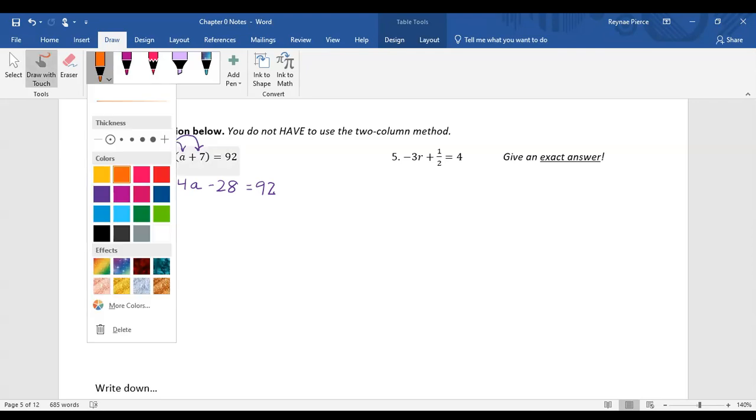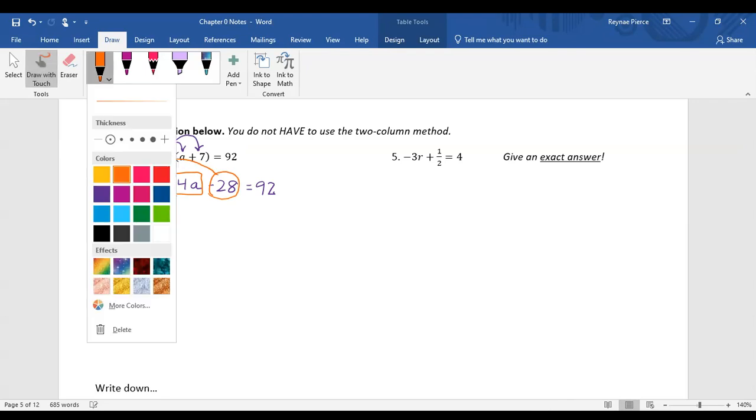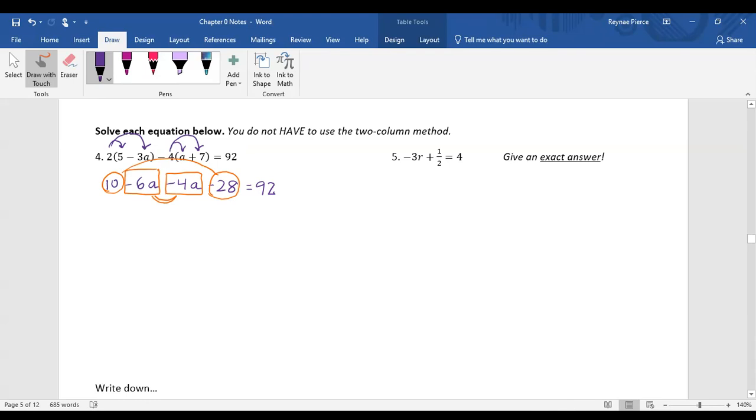I see two terms here, a negative 6a and a negative 4a. Those I can combine. And a positive 10 and a negative 28. Those I can combine. So I've got negative 10a. 10 minus 28 is a negative 18.